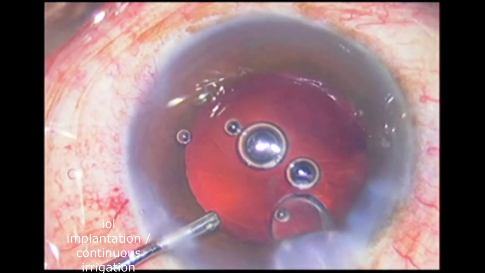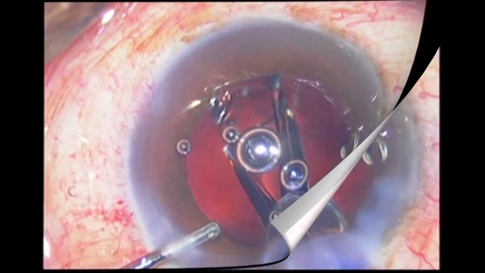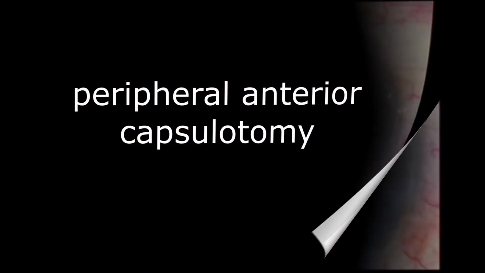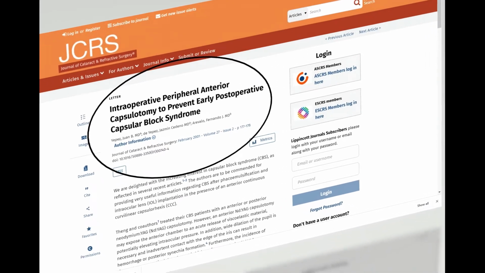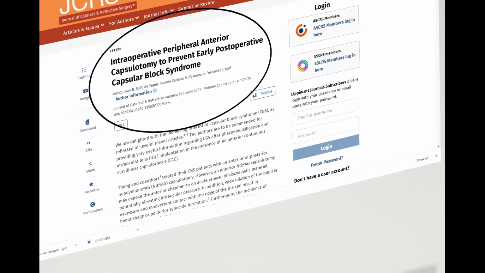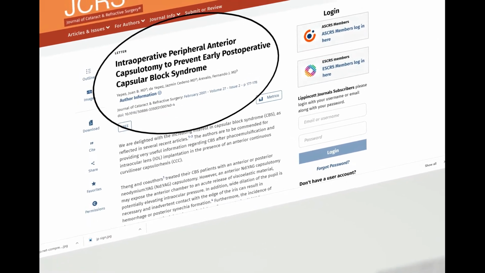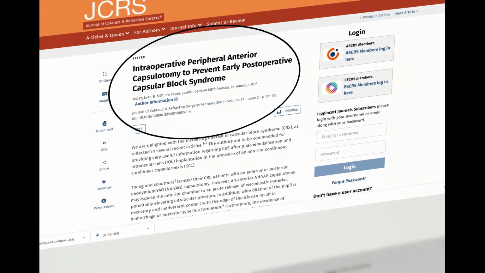IOL implantation under continuous irrigation will ensure that very minimal OVD is left behind in the bag, which can be easily aspirated. A peripheral capsulotomy created using a diathermy needle was described in a letter to the editor in JCRS 2004, the only mention of a similar step in published peer-reviewed literature.